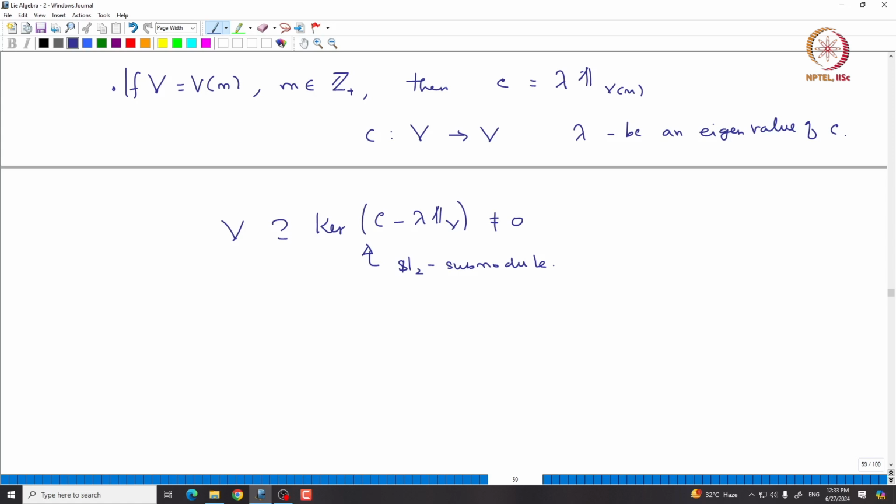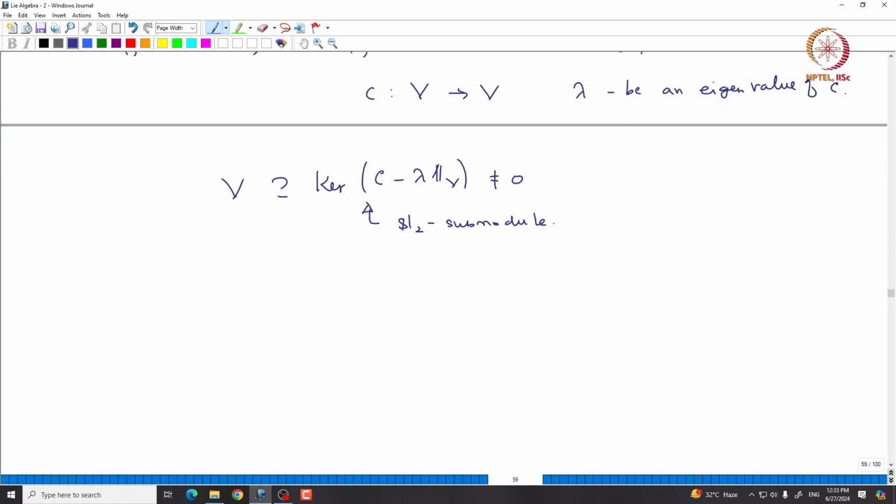So, the difference will commute with the action of sl2. The kernel, which is the eigenspace corresponding to the eigenvalue lambda, will be an sl2 submodule. That is easy to check. So, that forces V to be equal to the kernel of C minus lambda times identity.